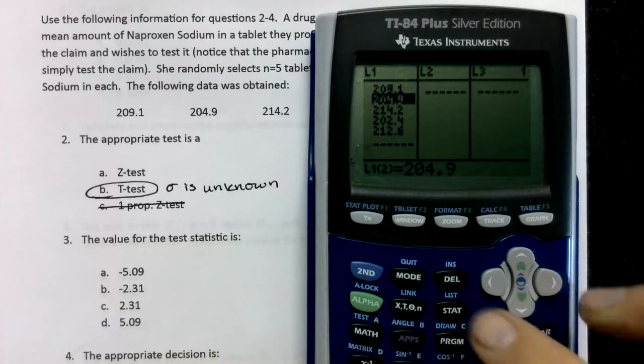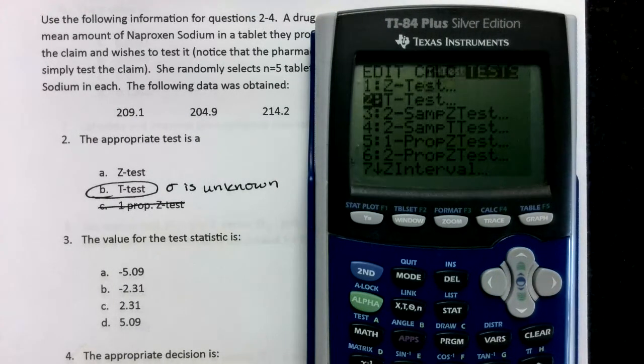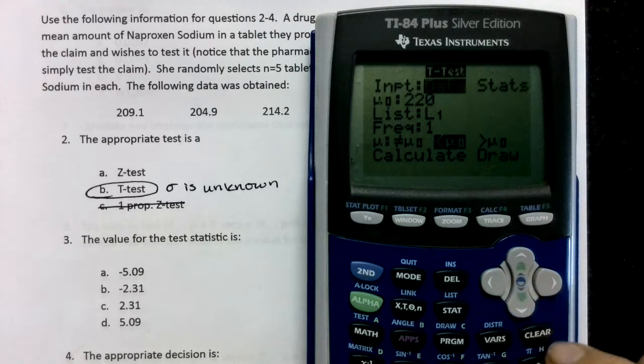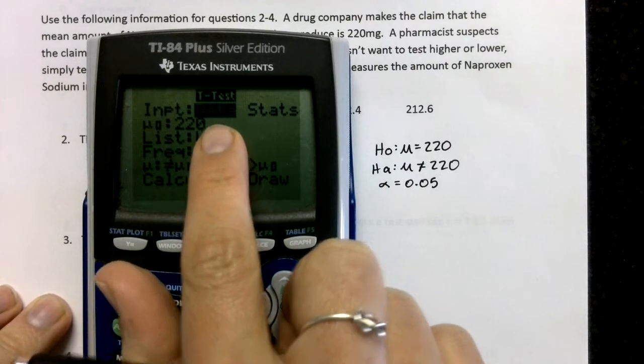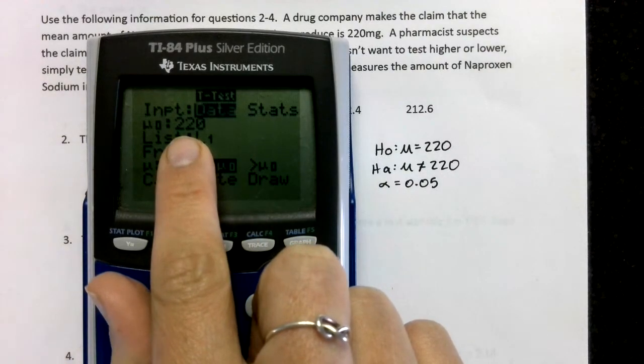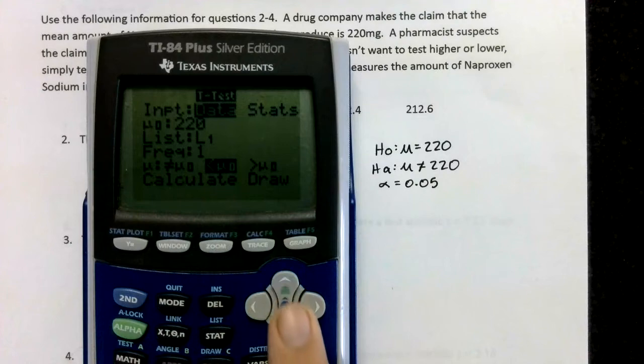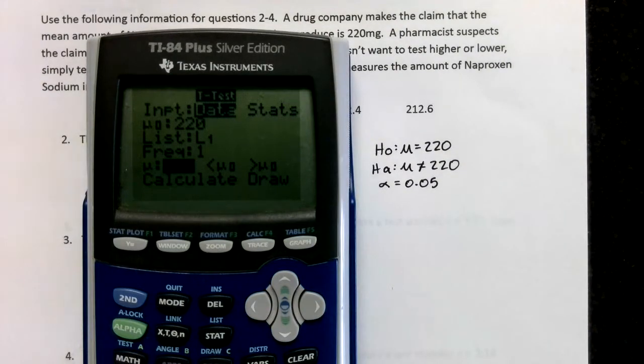And now what I'm going to do is I'm going to run my t-test. So I go to t-test. I want to make sure that I have data. I want my null hypothesis to match. I want to make sure I'm on list 1. And all I have to do now is change my alternative.